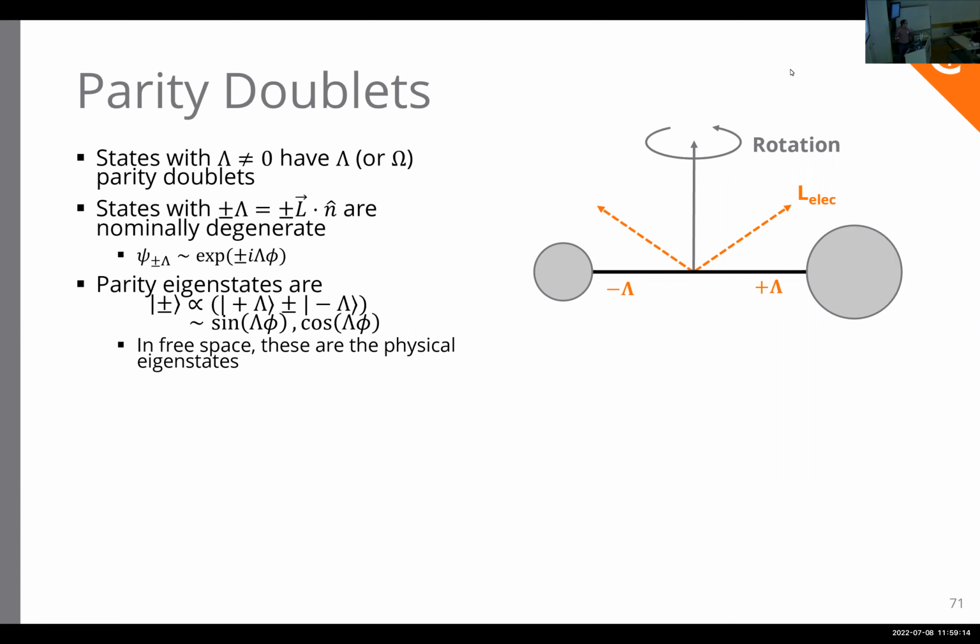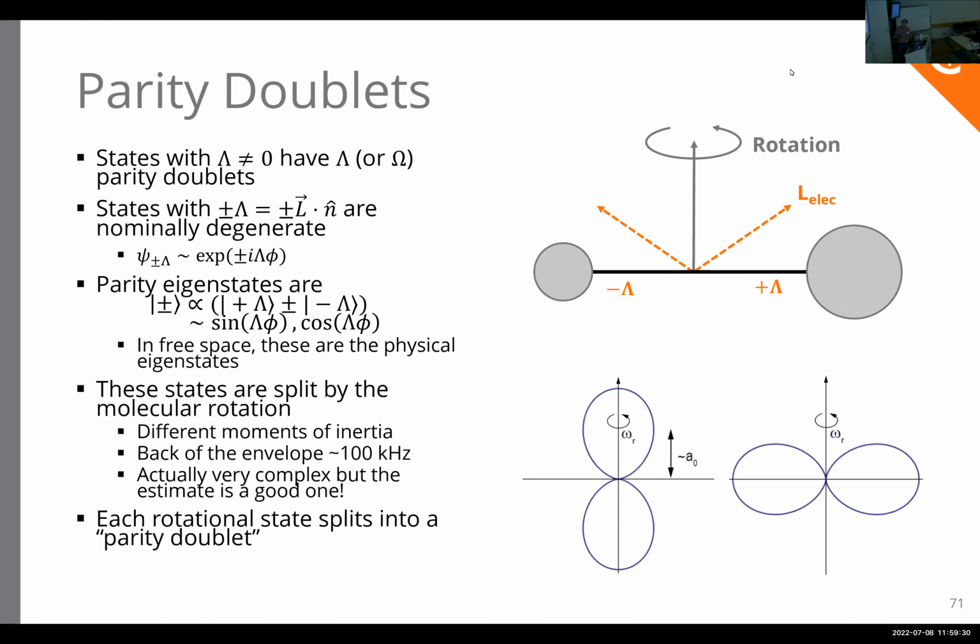So the actual parity eigenstates, which are the physical eigenstates of the molecule, are superpositions of these plus lambda and minus lambda states, which, since they look like this, is actually just sine and cosine relative to the azimuthal angle, which means they look like this. This is sine of phi, this is cosine phi, or maybe it's the other way around. So what?